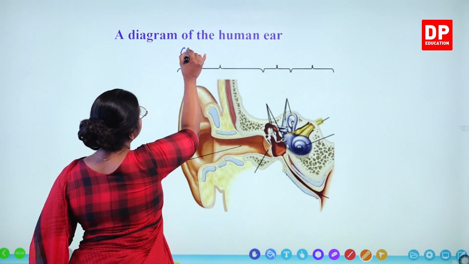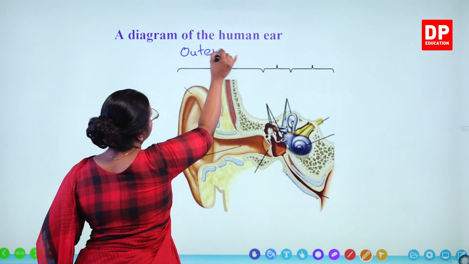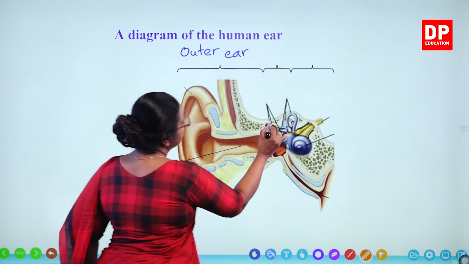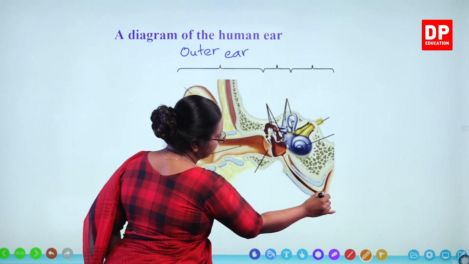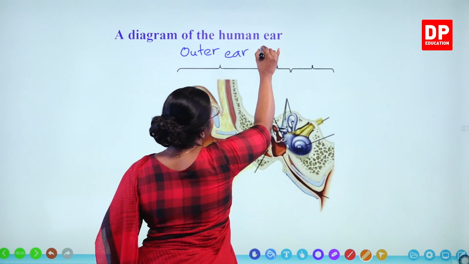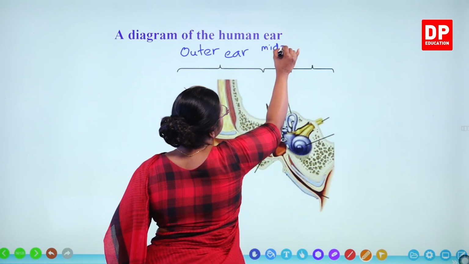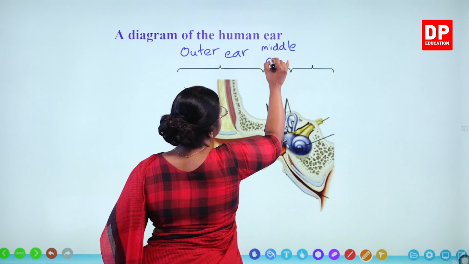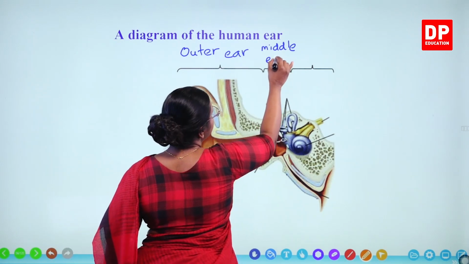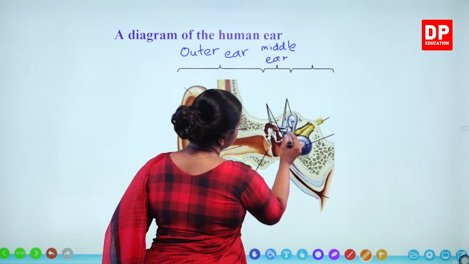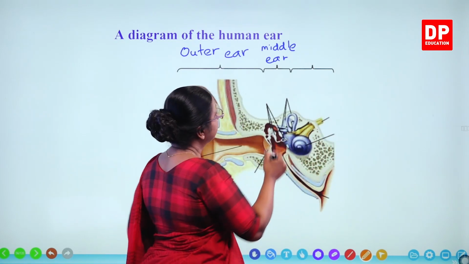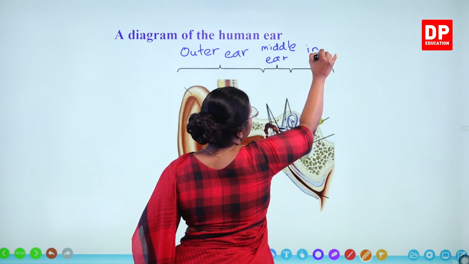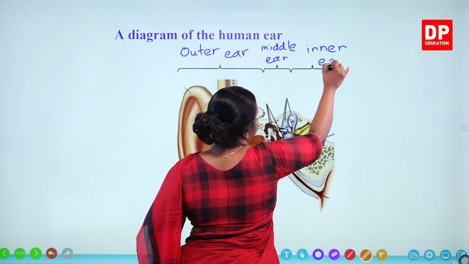Then here these 2, the ossicles and the eustachian tube, that is the middle ear. And inside where you have the semicircular canals, cochlea and the auditory nerve, that is the inner ear.